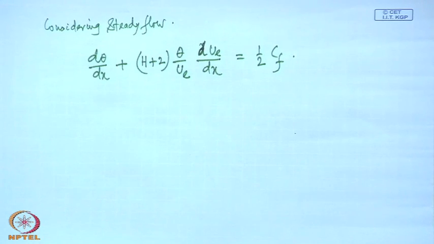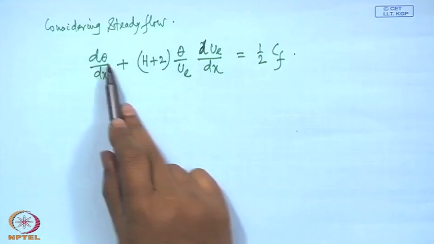So, if there is a flow where there is no pressure gradient, like a flat plate flow in which there is no pressure gradient in the streamwise direction, the flow is everywhere uniform. Okay. So, in a zero pressure gradient flow, we have a very simple relation, this equal to this.